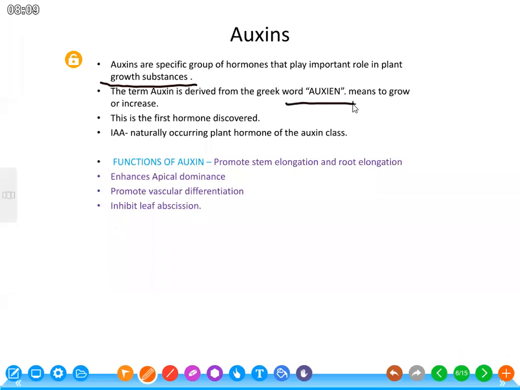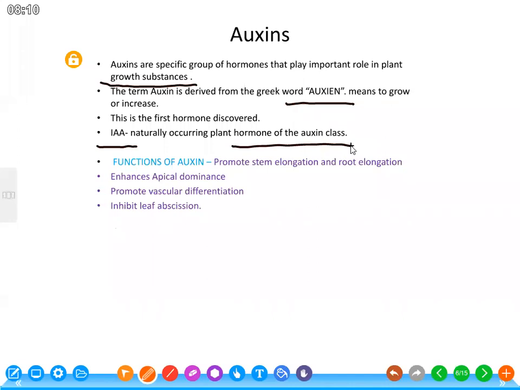It means to grow or increase. I think this is the first hormone discovered. Then IAA, indole acetic acid, is a naturally occurring plant hormone of the auxin class. Right? This is the introduction.